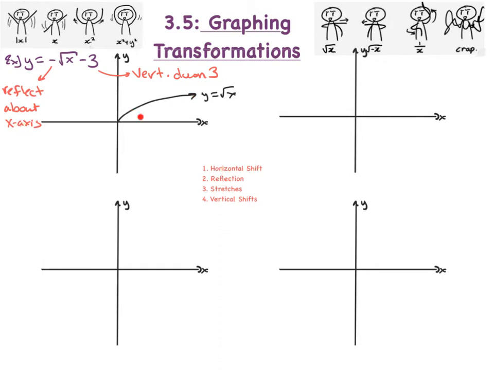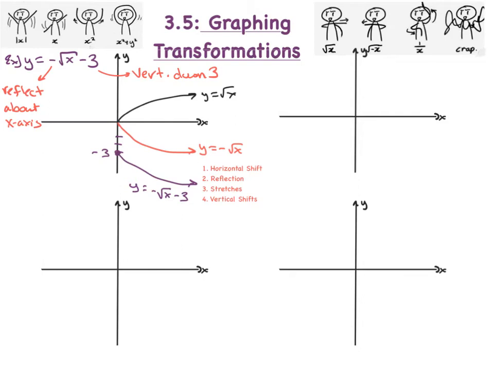So reflecting this about the x-axis, let's make this one red. So this would be the negative only in square root x. And then down 3 from there, I'll do that in purple, taking that red graph and moving it down 3. Sorry, I can't draw very well. I have negative square root x and then minus 3.